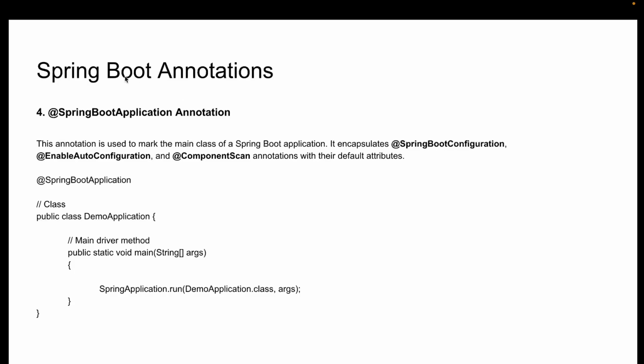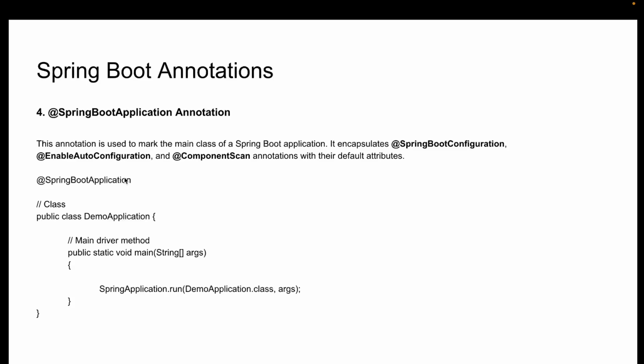And we know that this Spring Boot application annotation is equivalent to all the three annotations: Spring Boot configuration, enable auto configuration, and component scan. So if you just apply this Spring Boot application annotation on top of your class, it's a class level annotation, so you have to apply it on top of your class, and it does all three things.